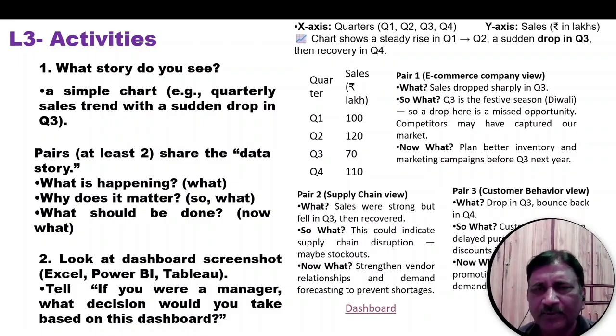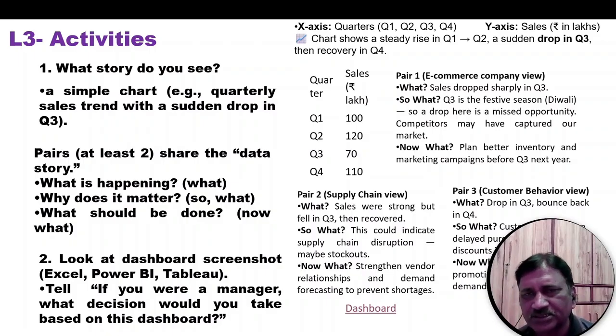Now the approach of different managers will be different. Let us see. Quarter three, like you see, August, September, October is a festive season, so the drop here is a missed opportunity. Competitors may have captured our market.